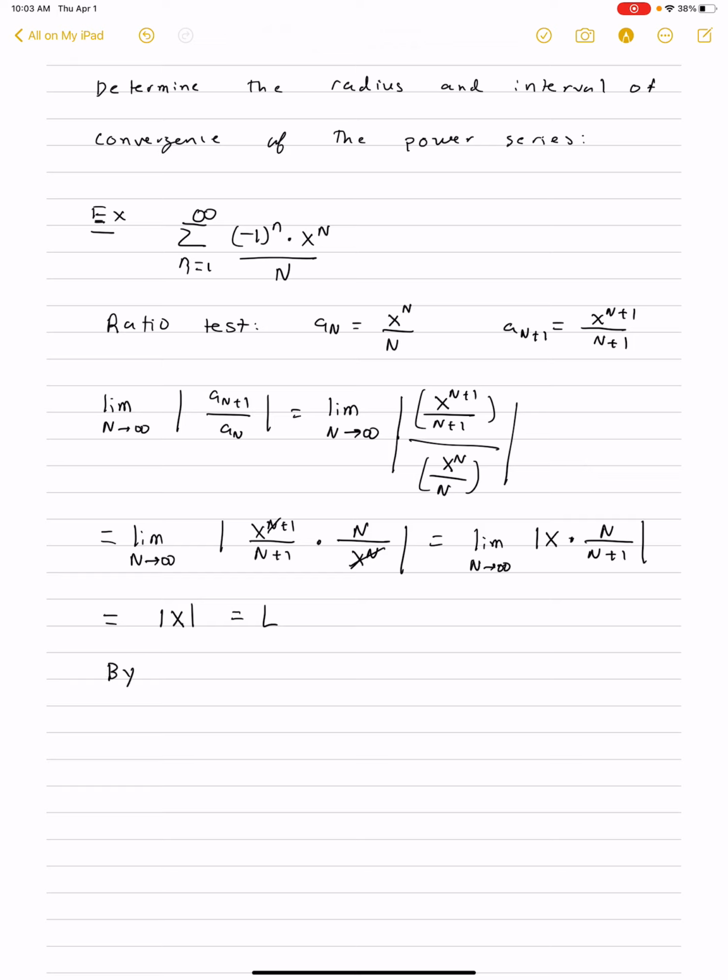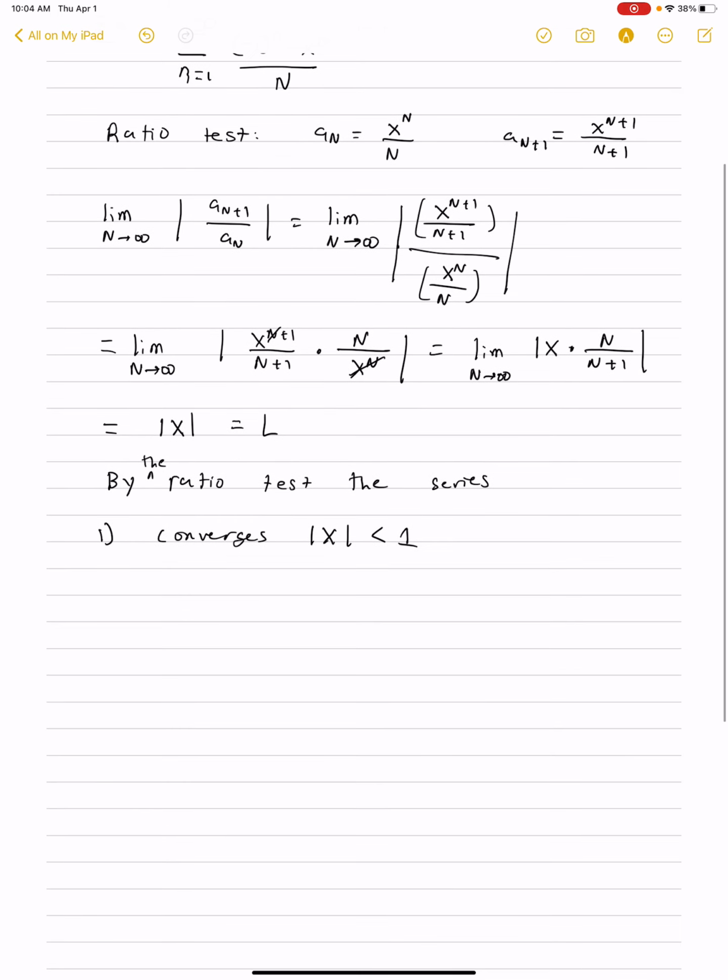So let's write down the statement of the ratio test. By the ratio test, the series, 1, converges if the limit is less than 1. 2, it diverges if the limit is bigger than 1, so absolute value of x bigger than 1.